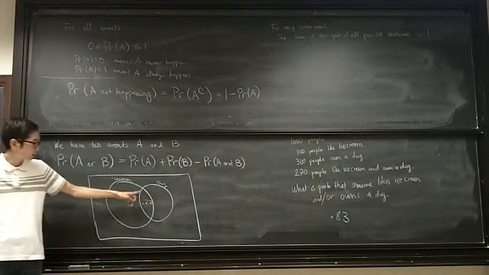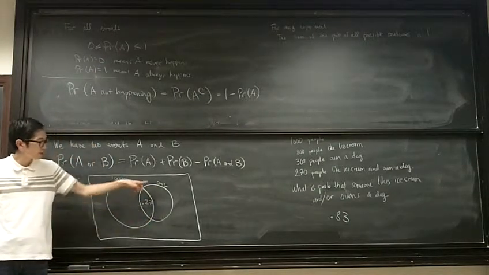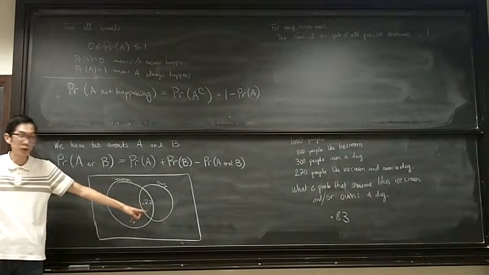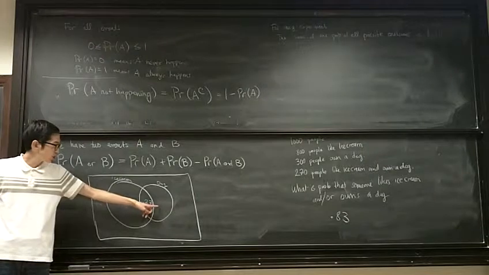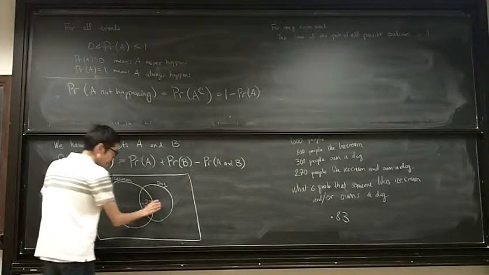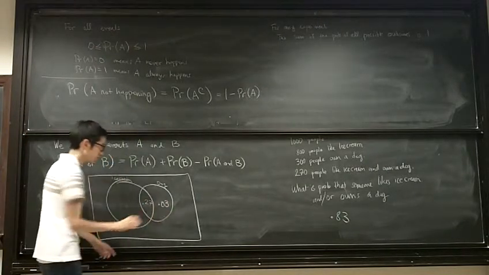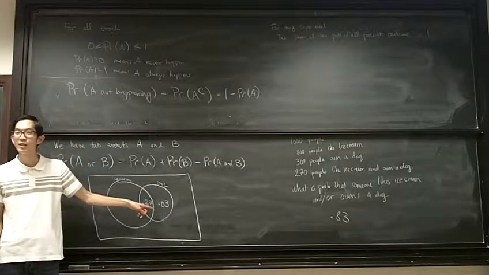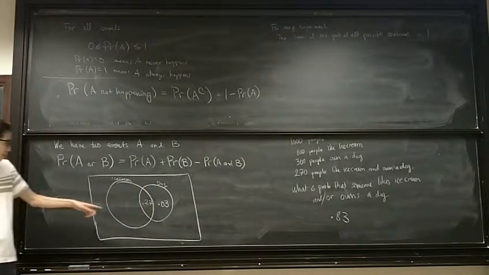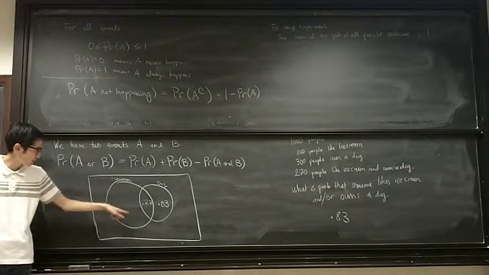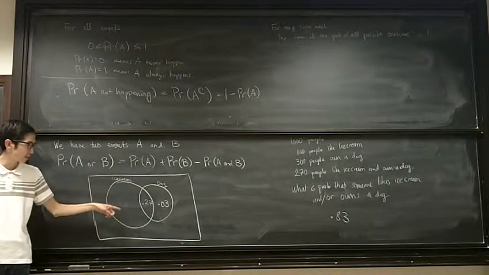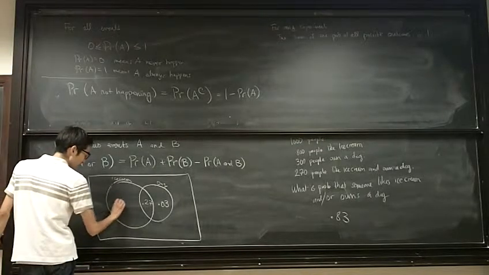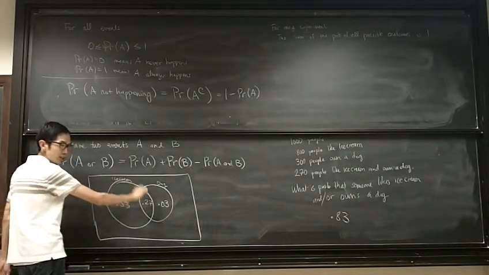So this entire circle, how much is it? 300, or 0.3. So how much goes over here? 0.03. Does that make sense? Alright, so what goes over on this side? Likes ice cream but doesn't have a dog. 0.53, because this entire circle has to add up to 0.8.